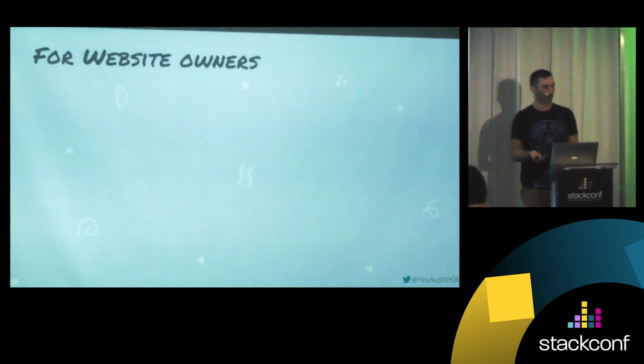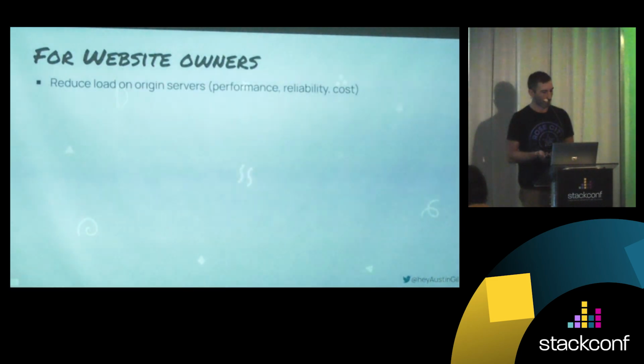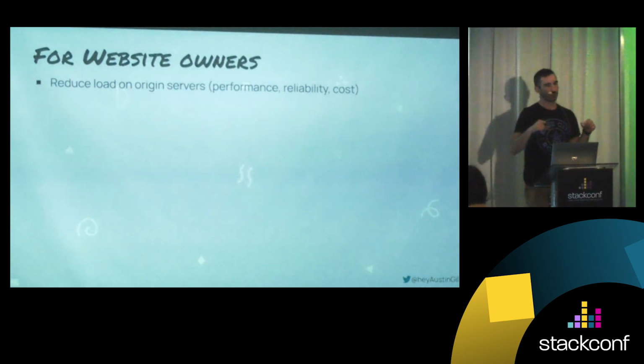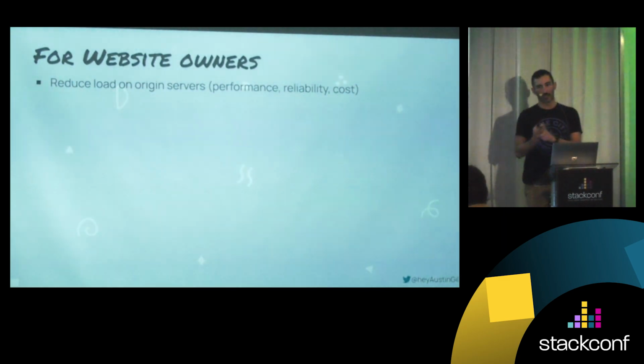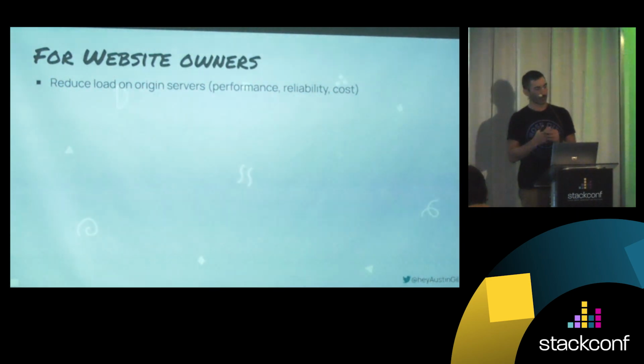So those are the benefits for developers, but we can also look at benefits for website owners. Because we can move the compute to different edge nodes rather than running some of that logic on origin servers, we can reduce the load that ultimately has to run on those origin servers, which can either improve the performance of the work that's being done on the origin server, or you can improve the reliability because it's not going to be as easy to consume all of those resources.